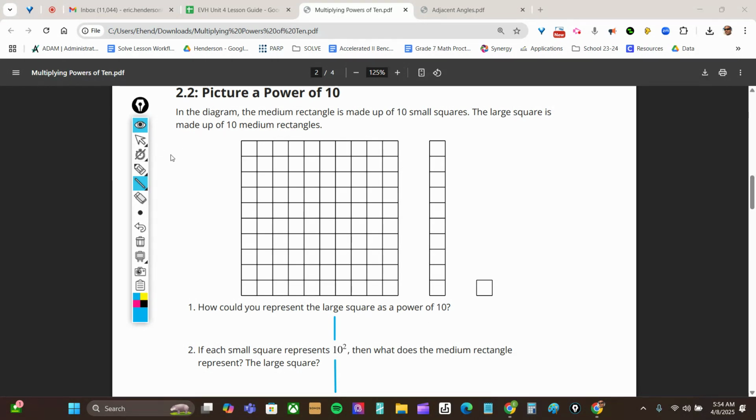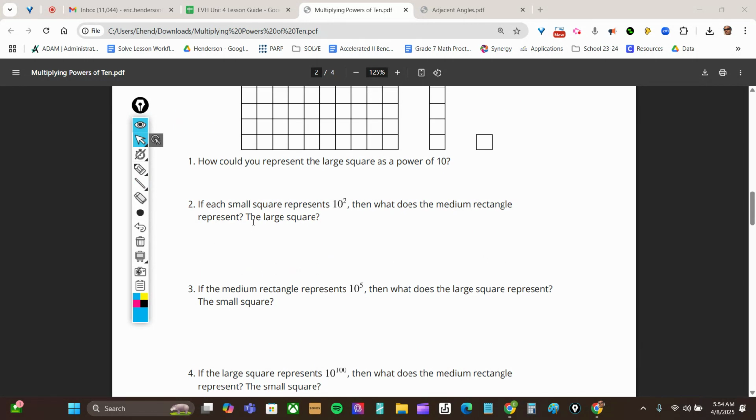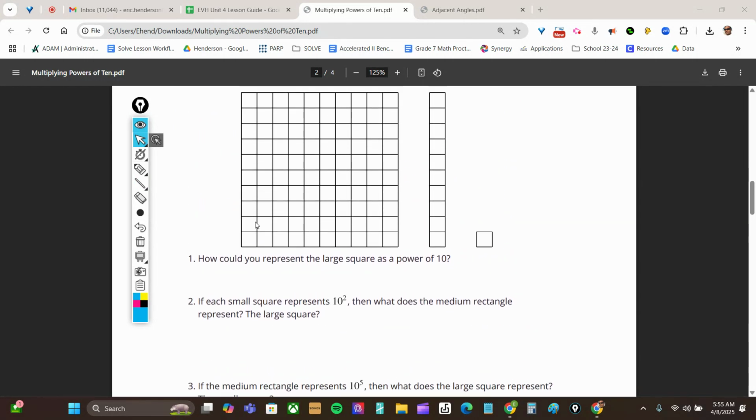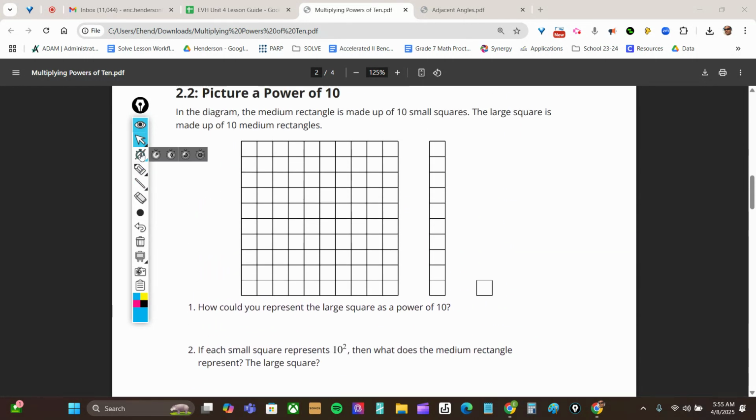So take a minute to go through the first, and you can just do 1 and 2 on your own, but leave space for your notes.